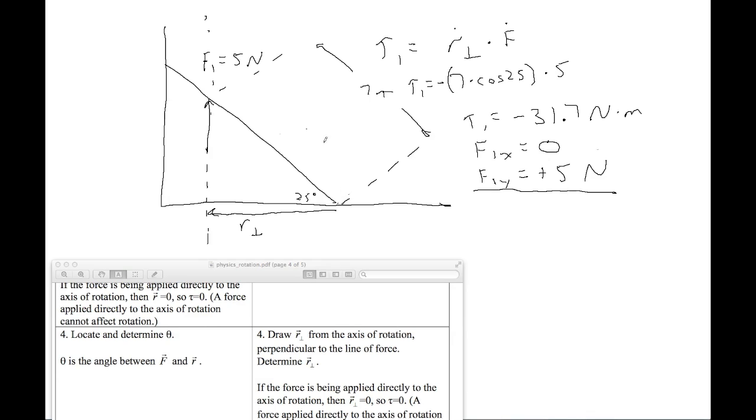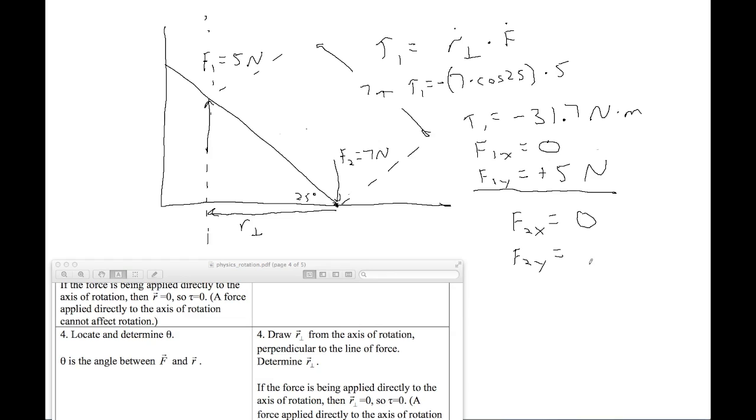And let's say we've got here force 2, 7 newtons. So what would be force 2x? Okay, so force 2 of x, is that right on the pivot? Yes. Right on the bottom? So force 2 of x would be 0 again.